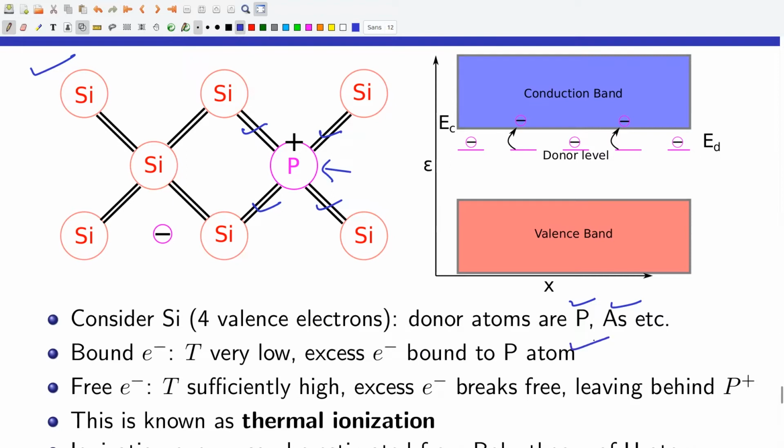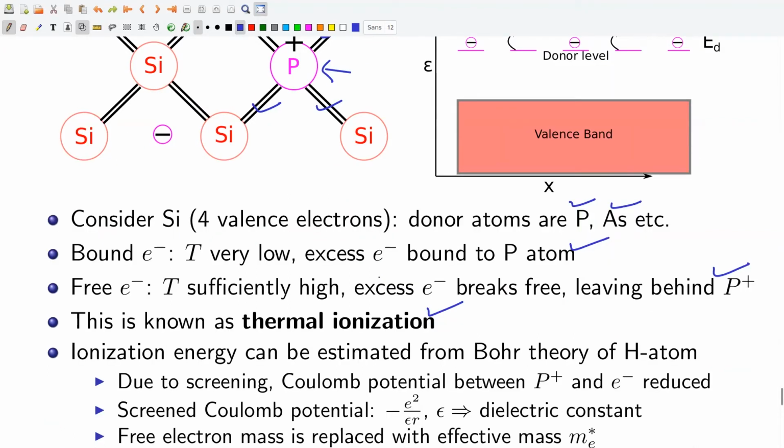At sufficiently high temperature, the excess electron breaks free, leaving behind a positively charged phosphorus atom. However, the crystal remains neutral as a whole because the excess electron remains in the crystal. The whole process is known as the thermal ionization of the impurity atom.